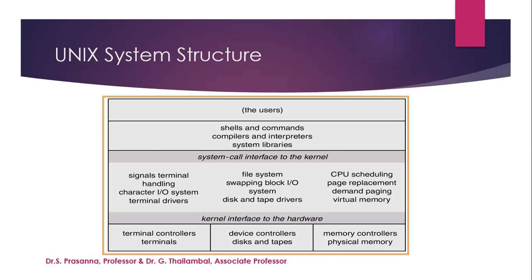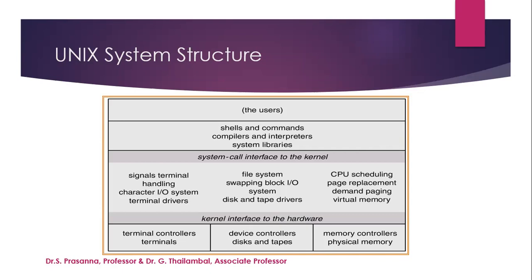So the signals, terminal handling, character I/O system, terminal drivers, file system, disk and tape drivers, CPU scheduling, page replacement, demand paging, virtual memory, every concept is available in the kernel, in the Unix system structure. So everything will be converted according to the understandable concepts of the Unix operating system, and the kernel interfaces to the hardware.